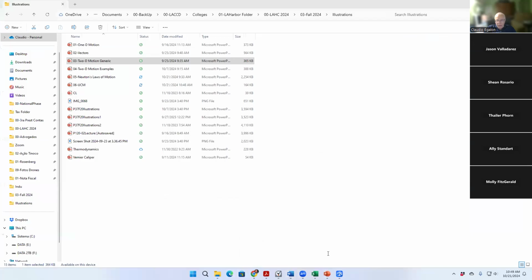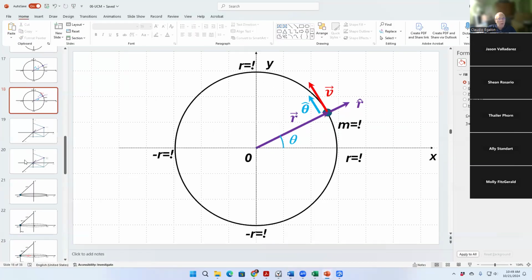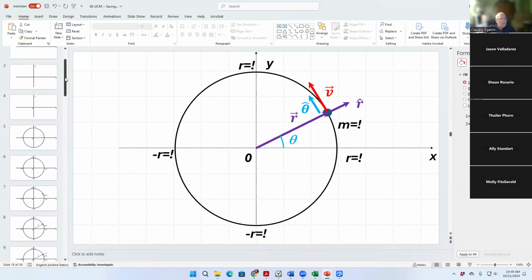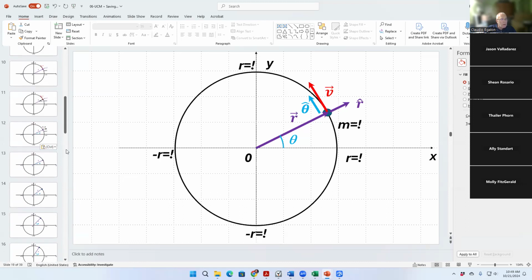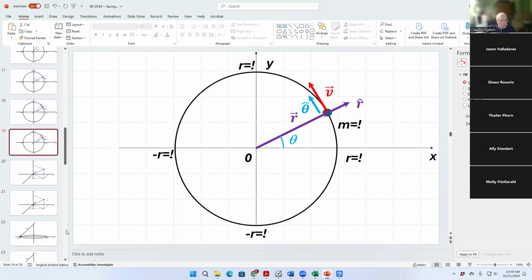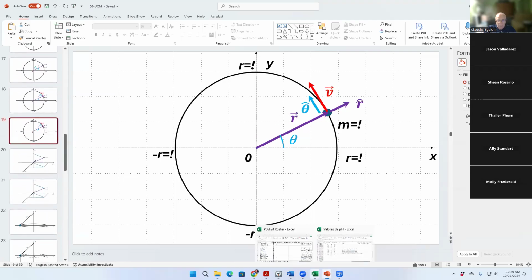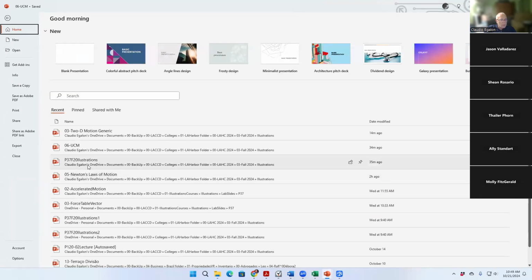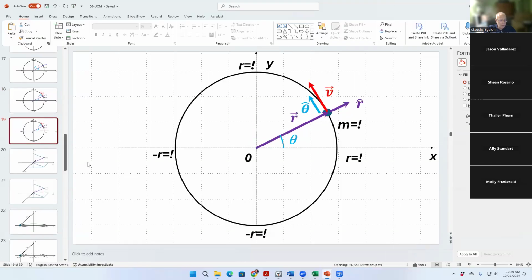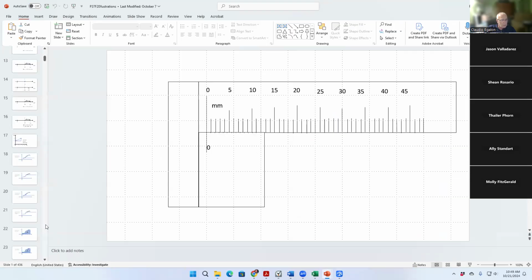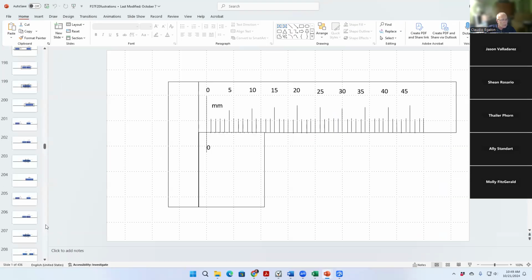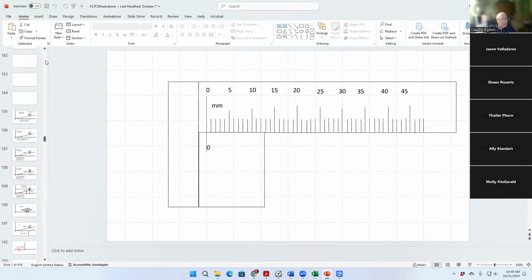And now we can display the acceleration vector right here. I got rid of it before, right? Let's see. This one here. Nope, overshoot.